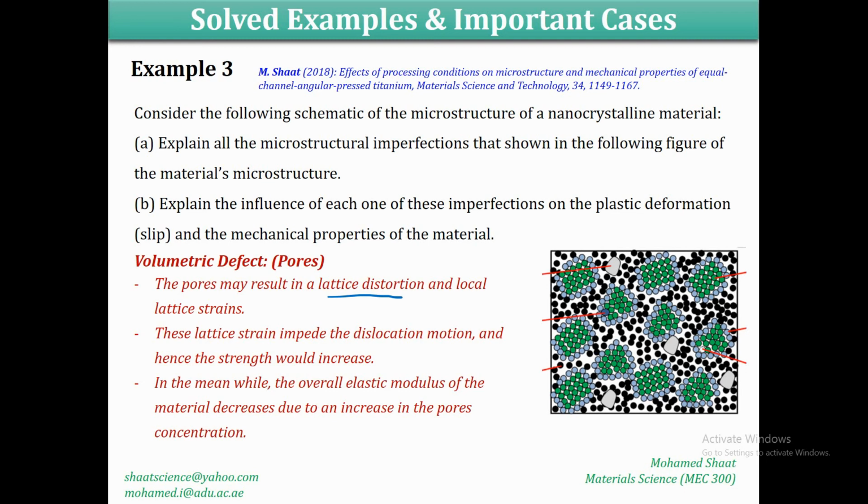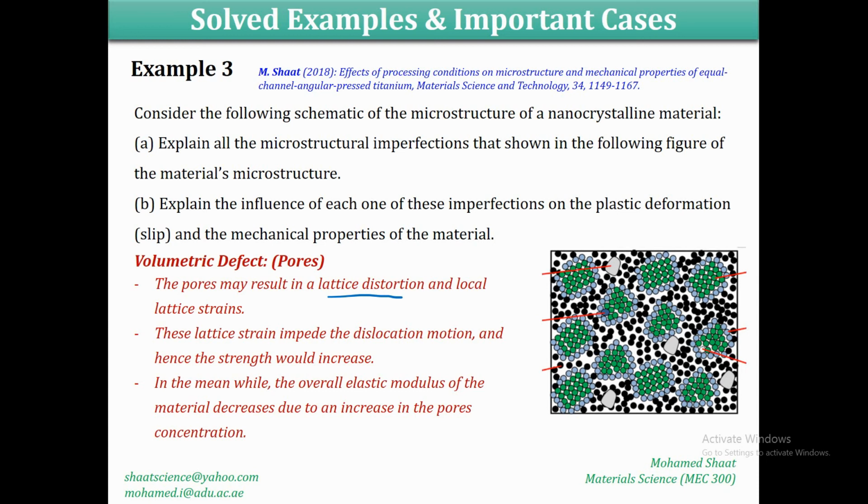And as we explained in chapter 4, the vacancies are point defects that could result in some lattice distortion. The pores, which are the voids located somewhere within the material, are not necessarily related to one specific grain or crystal inside the microstructure. They will be considered volumetric because they will be seen in volume form, like an empty sphere within the material microstructure.